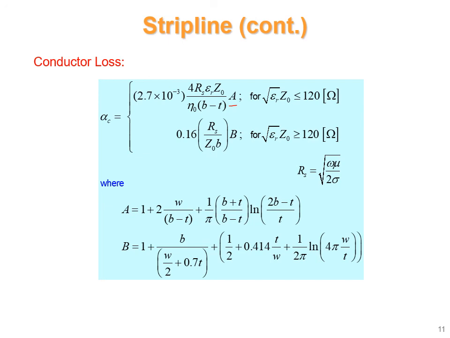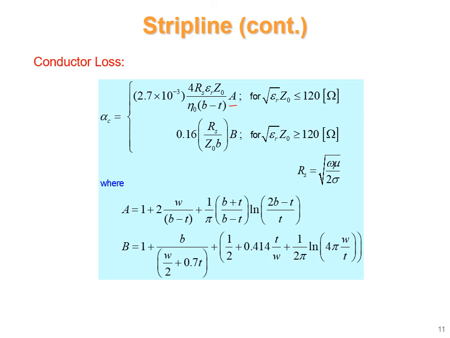So what is this Rs? Rs is equal to the square root of omega mu upon 2 sigma, where sigma is the conductivity of the conductor. Then A is equal to 1 plus 2W upon (B minus T) into 1 by pi into (B plus T) divided by (B minus T) into the natural logarithm of (2B minus T) upon T, where B is equal to 1 plus B upon W upon 2 plus 0.70 plus 1 by 2, 0.414 t upon w plus 1 upon 2 pi natural logarithm of 4 pi w by t.